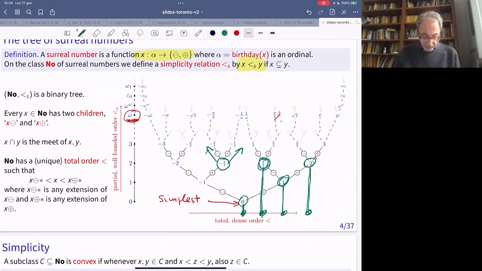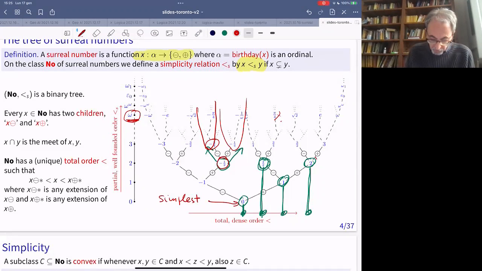Then you declare that the right child of X is bigger than X in the linear ordering, and also all the descendants of the right child are bigger than X. On the other side, the left child of a node is smaller than the node, and also all its descendants are smaller.